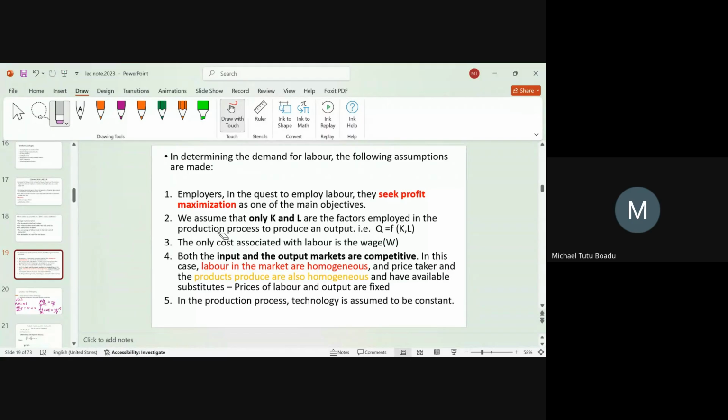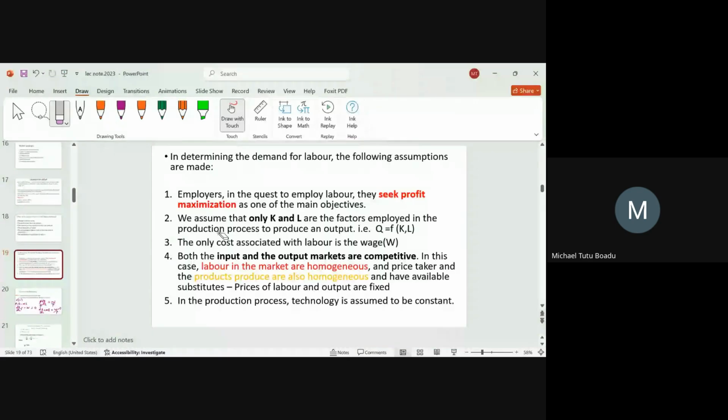The main aim of the employer is to maximize profit. So when he's employing labor, he wants labor to help him or her to maximize profit. He's not employing labor because labor needs a job to be able to survive, but because he wants to get profit using the labor. That is the first assumption.